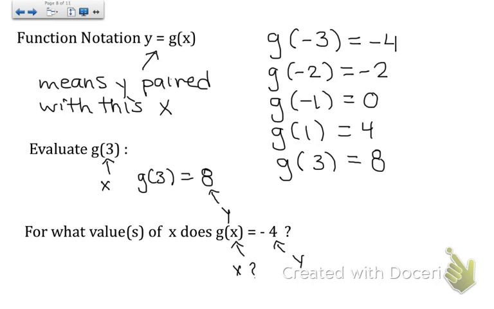So if you check out this top line right here, we have a y value of negative 4, so that means my x value would be negative 3. You need to pay close attention to what's your x value, what's your y value. Remember, x values are also sometimes referred to as inputs, and y values are sometimes referred to as outputs.